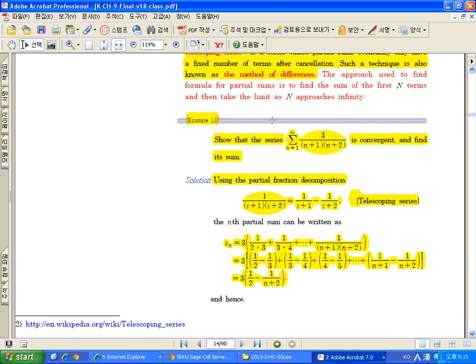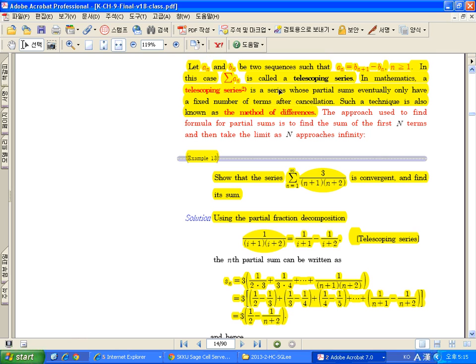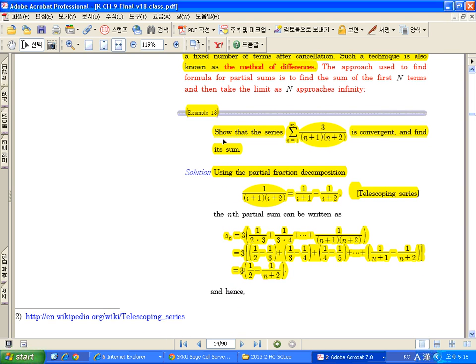Some techniques can be applied to this special type of series. Such a technique is also known as the method of difference. Here, this example shows the method of difference.